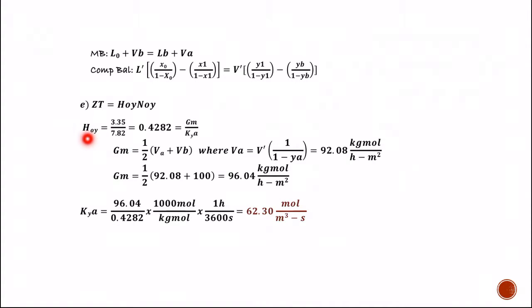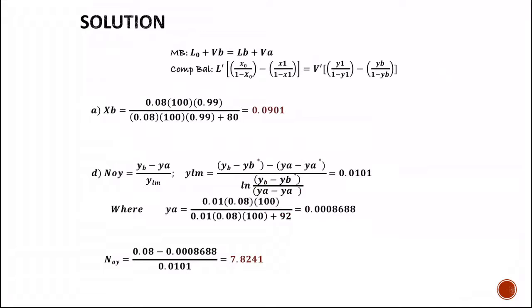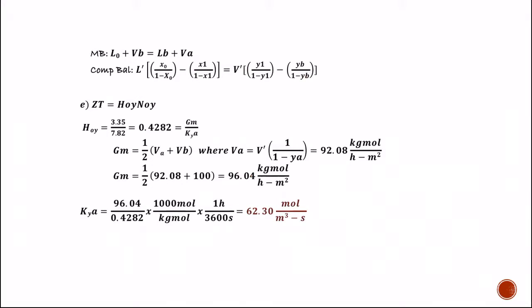First, we need to find HOY. So we just find the ratio of the given packed column height over the NOY, which is 7.82 that we calculated here. Solving this, we can get 0.4282.